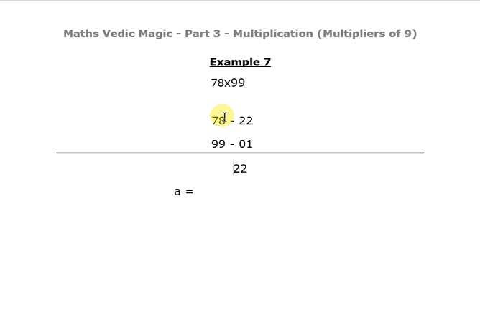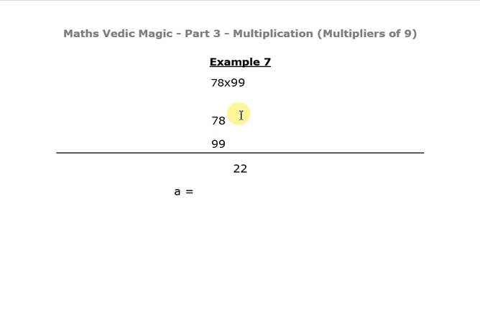So the right side portion is the subtraction from the next higher base, which gives us 22, and the left side portion is 1 less than the number itself, 77. So the answer is 77, 22.